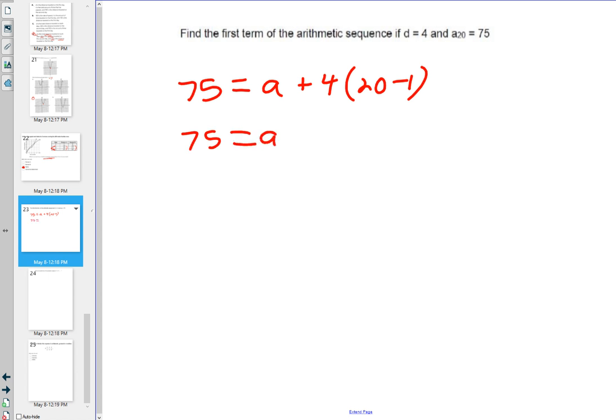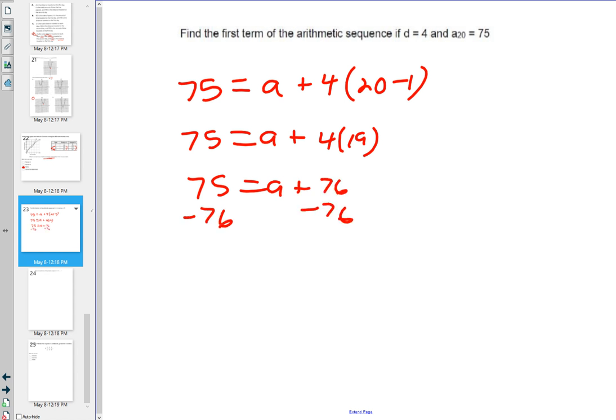So 75 is the original amount plus 4 times 19, which is 76, minus 76. That's it, right? So the first term is -1. Because the 20th term is 75. They said it was arithmetic.